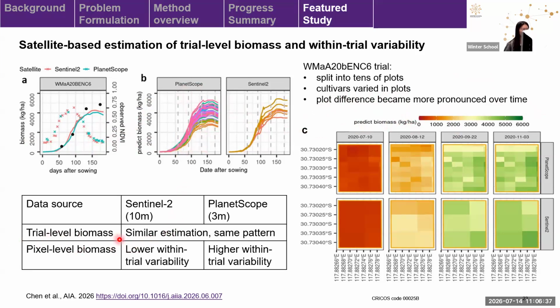The conclusion is that no matter which sensor or satellite data you use as input, if the prediction of the biomass is at a trial level, they will provide very similar estimation, as the blue and red lines demonstrate here. But if you want more insight at the pixel level, like within-trial variability, the Planet scale data will provide you higher within-trial variability.